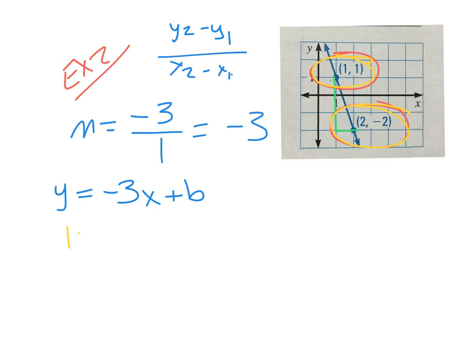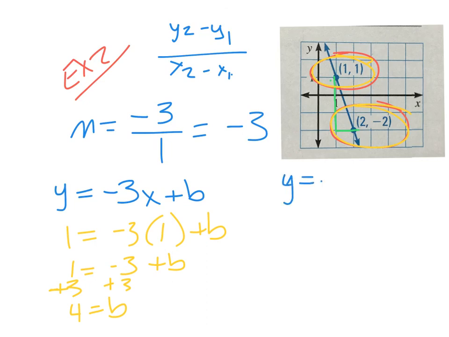So I'm going to say 1 equals -3 times 1 plus b. So then I add the 3 to move it to the other side. So what does b equal? 3 plus 1 is 4. So my equation is now y equals negative 3x plus 4.